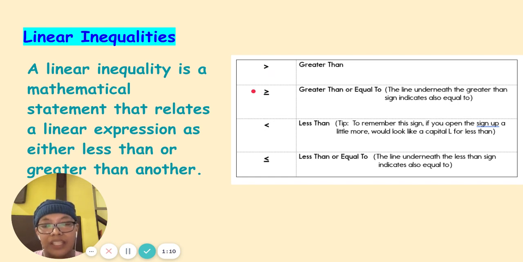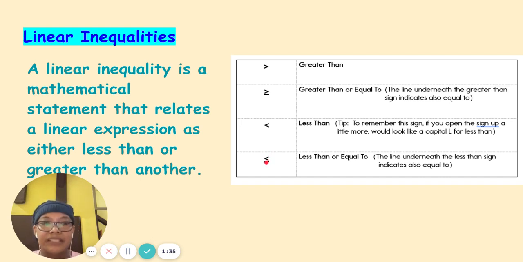Ito naman po, parehas or mas mataas kumpara sa nandito. Ito naman po, yung nandito, mas maliit kumpara sa nandito. Yung po ibig sabihin ng less than, mas maliit. Yung less than or equal to, mas maliit or parehas. So, greater than is mas malaki, greater than or equal to, mas malaki or parehas. Less than is mas maliit, less than or equal to is mas maliit or parehas.